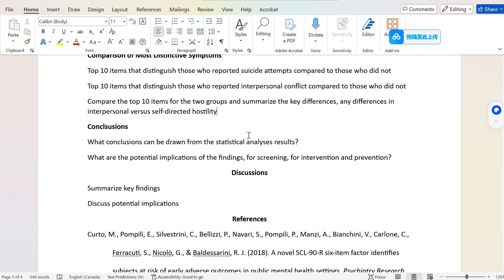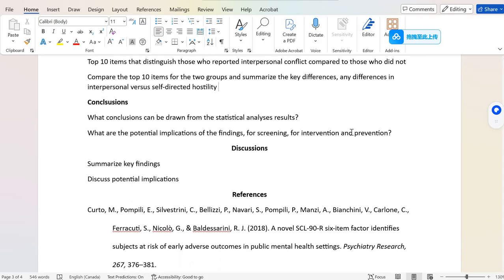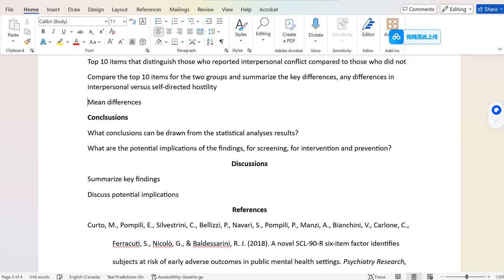That's the results section. Here, for each one, you report the mean differences, the key statistics.